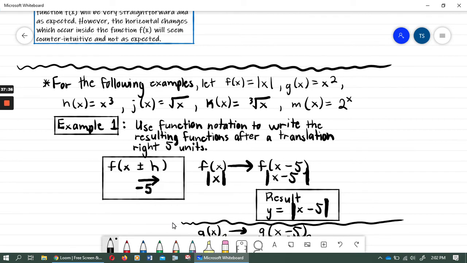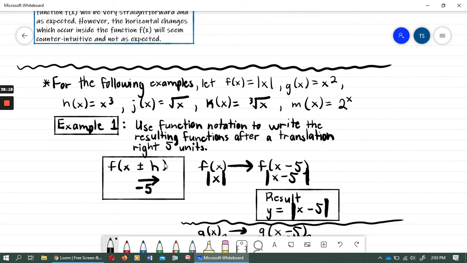Because we're talking about a horizontal translation, we use this general form where we'll be adding or subtracting a number inside of the function with the x. And again, guys, if we're talking about going right 5 units, for a horizontal change, it's going to seem counterintuitive or opposite of what we would expect. In order for us to do a shift or a translation right 5 units, this would have to be a minus 5.